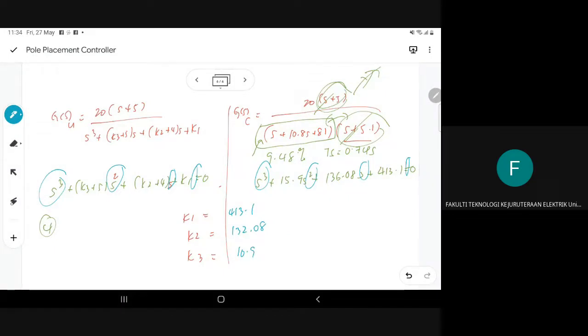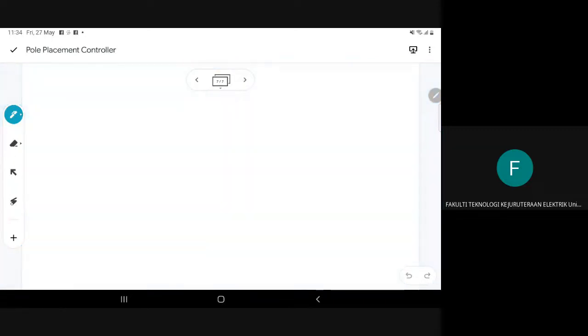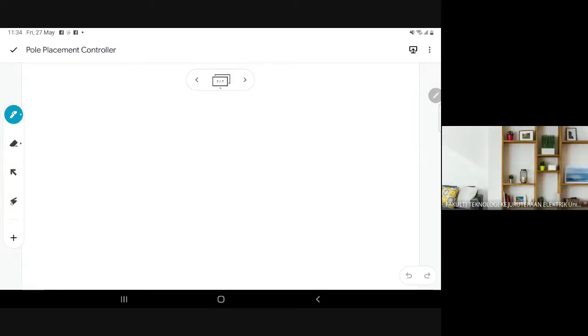So at the end, you can draw again the signal flow graph. Okay, the signal flow graph. We want to draw it again. The signal flow graph of the system without the pole placement controller. This is what you need to do during lab number 2.